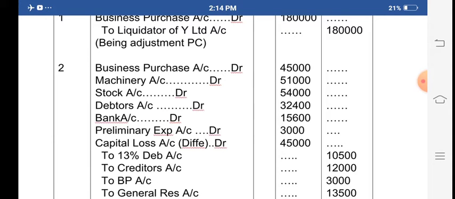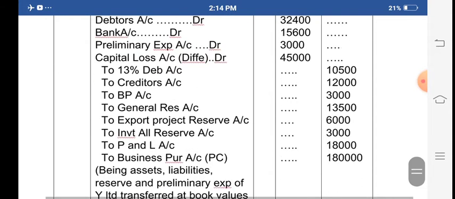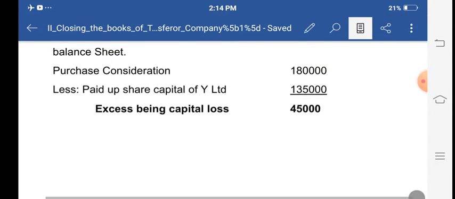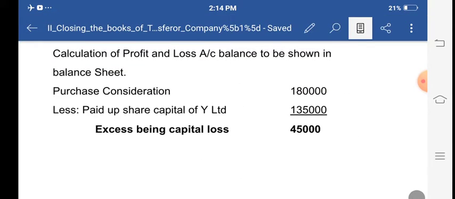Capital loss account, it is the difference, 45,000. Now how did we get the difference of 45,000? Actually, X company is going to purchase Y Limited for 1,80,000, and the paid up share capital of Y Limited is 1,35,000. So 1,80,000 minus 1,35,000, the remaining value is 45,000.